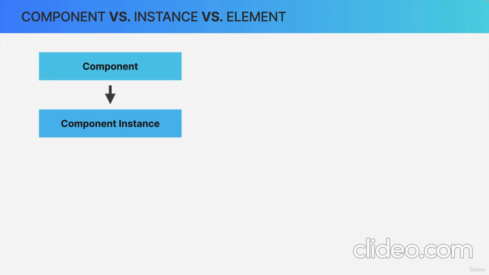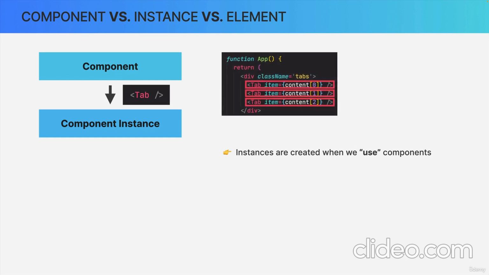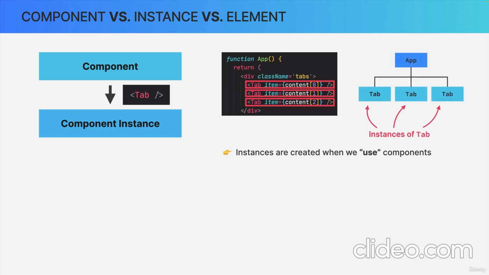Now, React does this each time that we use the component somewhere in our code. For example, the tab component that we saw in the last slide is used, so it is included 3 times in this app component. And so, therefore, 3 instances of tab are placed in a component tree, so in our actual application.